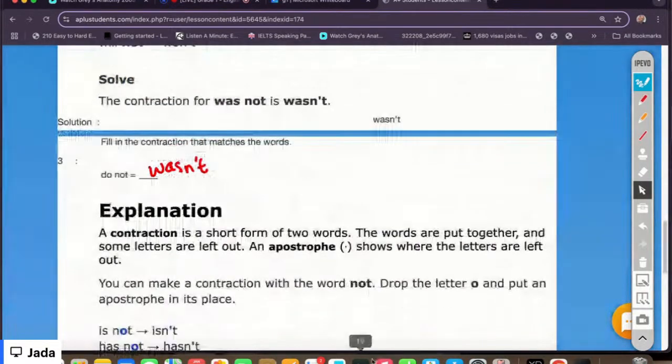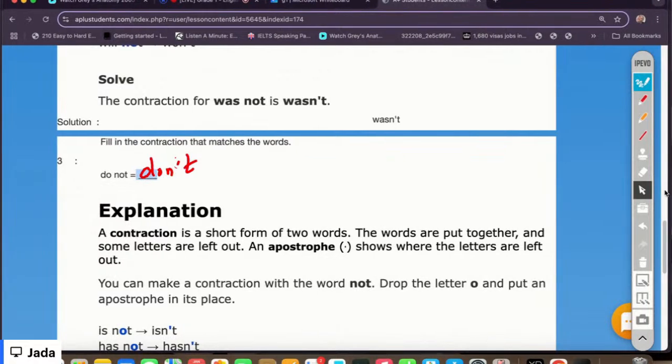Then we have do not. So we have don't here. Okay. So that's it for the contractions with not.